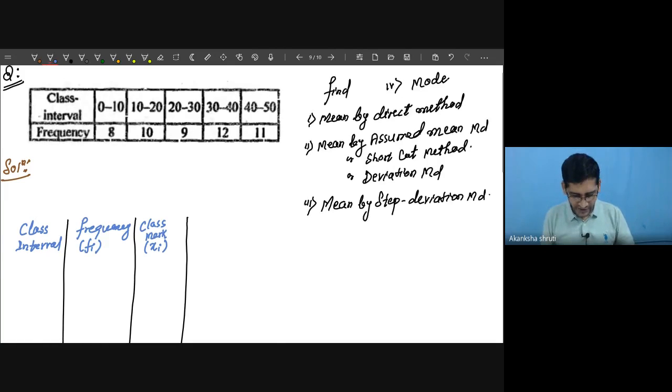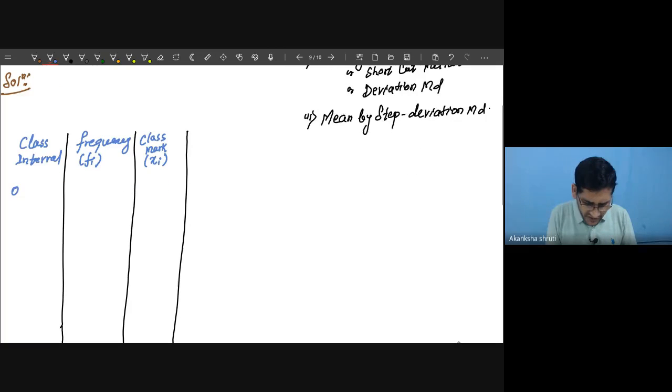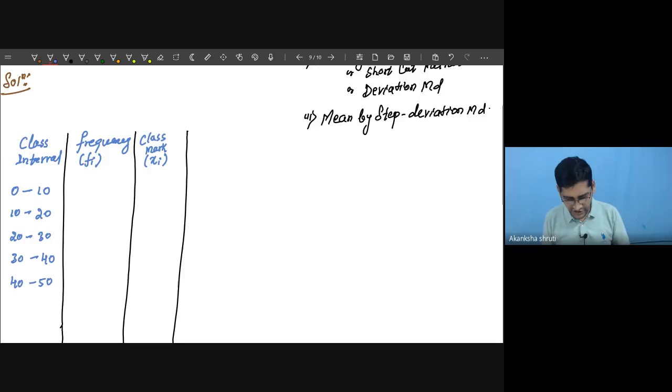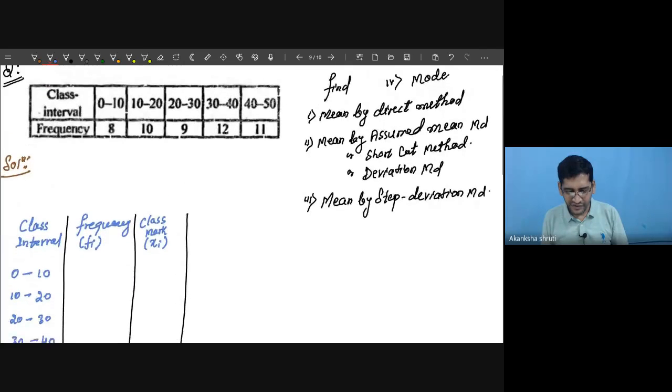So let me first copy the class intervals: 0 to 10, 10 to 20, 20 to 30, 30 to 40, 40 to 50. Only this much data is given.